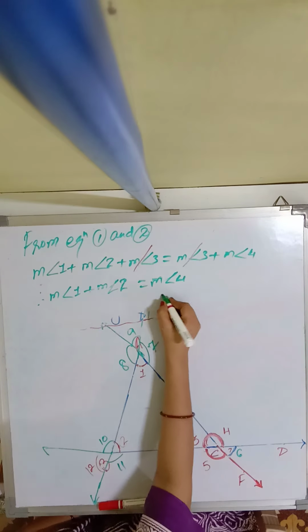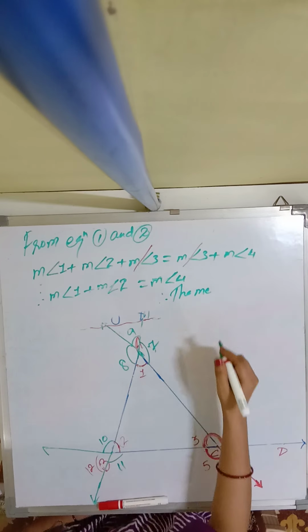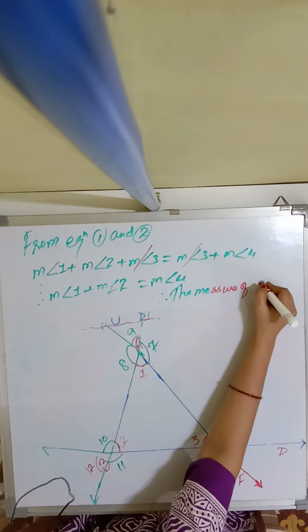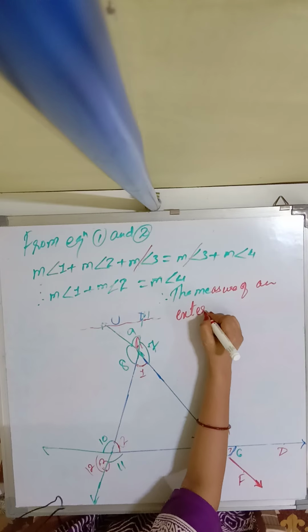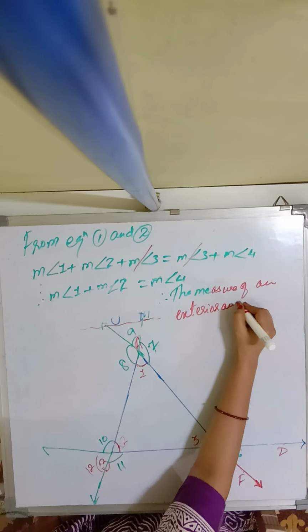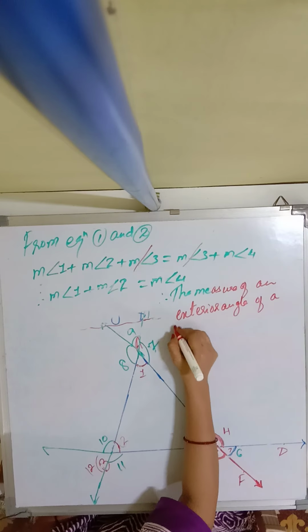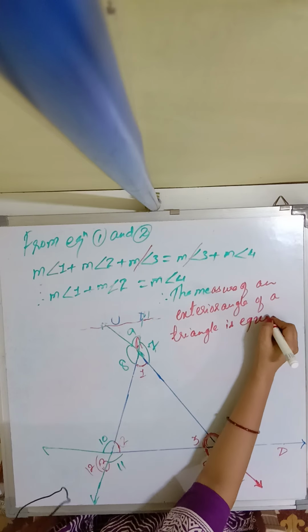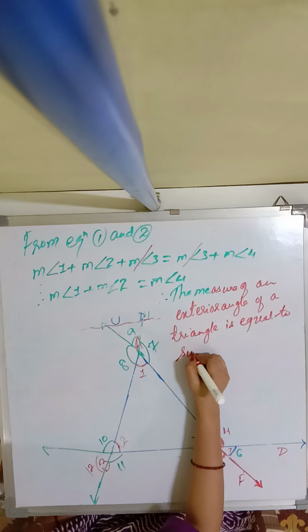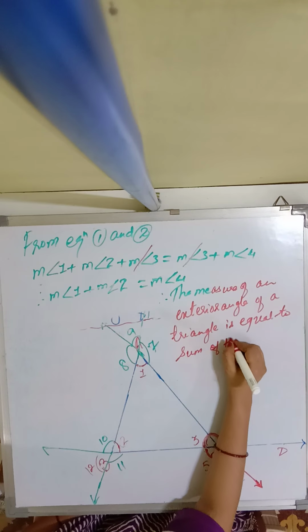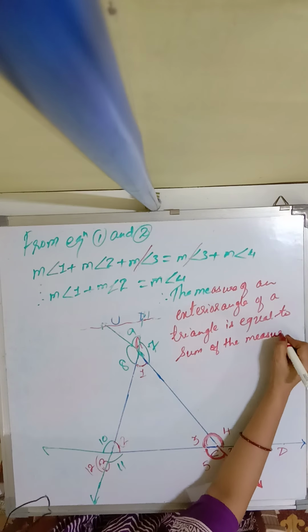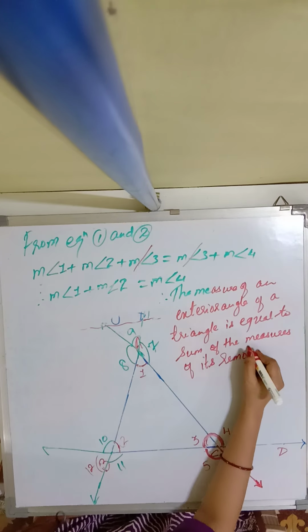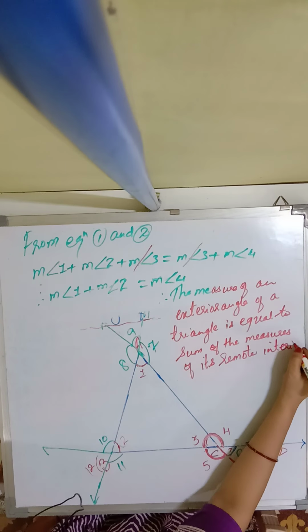Write down the property: the measure of an exterior angle of a triangle is equal to the sum of the measures of its remote interior angles.